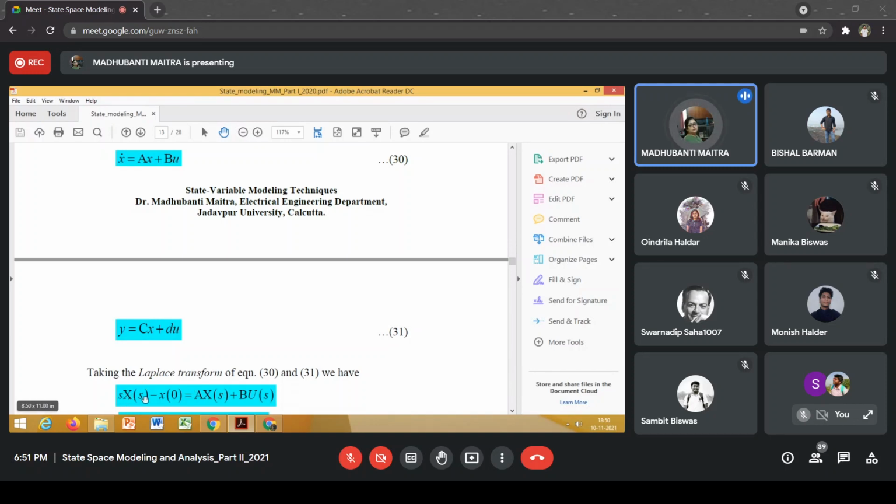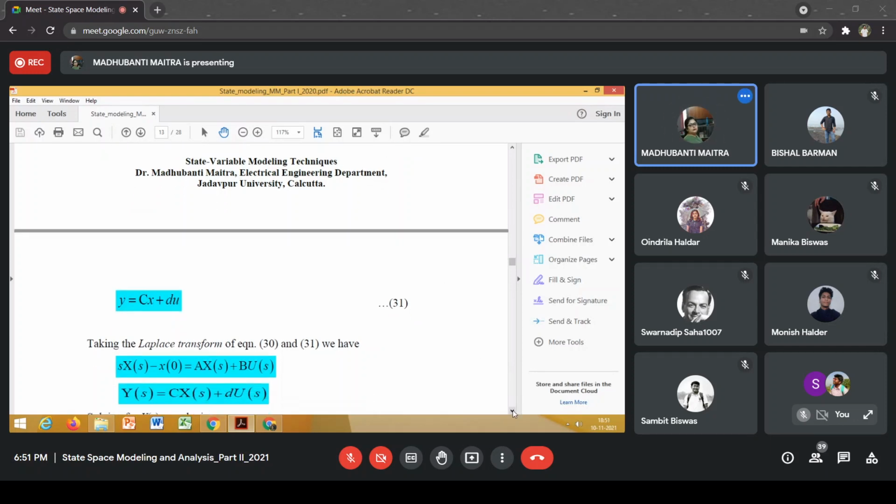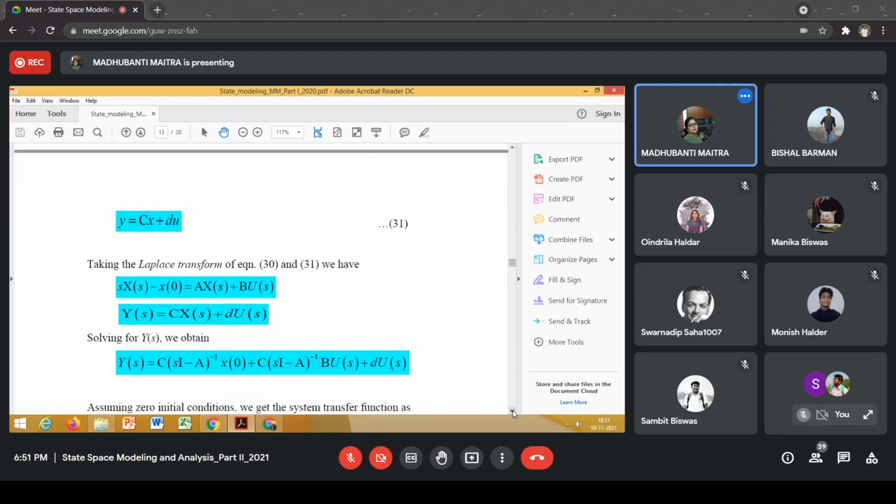We obtained this by taking the Laplace transform of the state equation. If we take the Laplace transform of the output equation, we'll get Y(s) equal to CX(s) plus DU(s). Now, just concentrate on the state equation.